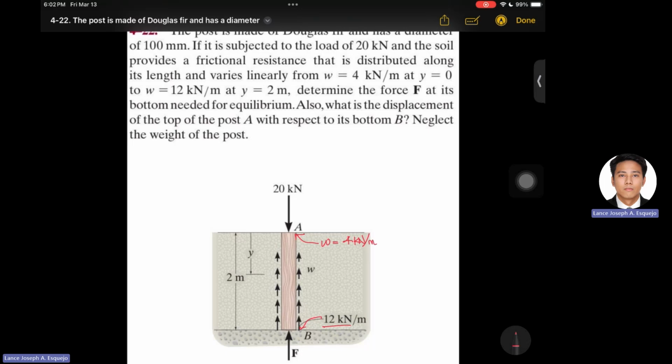So if you want to determine its resultant, we can just get the average of these values. So we have 1/2 times 4 plus 12. And then we can multiply it by the distance 2 meters.